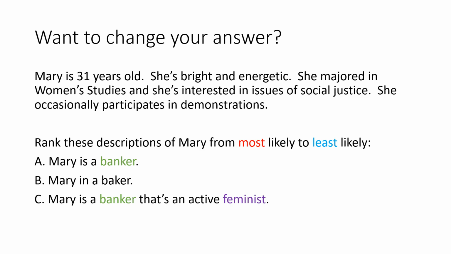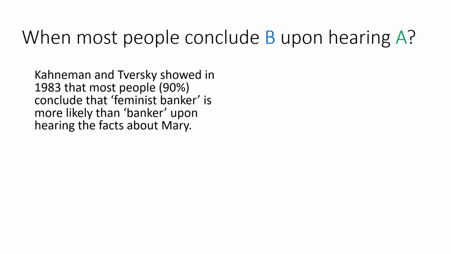Look, the third option, C, includes the first one and more. C has Mary being a banker that's also a feminist. A is just that Mary's a banker. It can't be that C is more likely than A. Kahneman and Tversky showed in a famous paper in 1983 that most people do conclude that feminist banker is more likely than banker when they hear those facts about Mary.